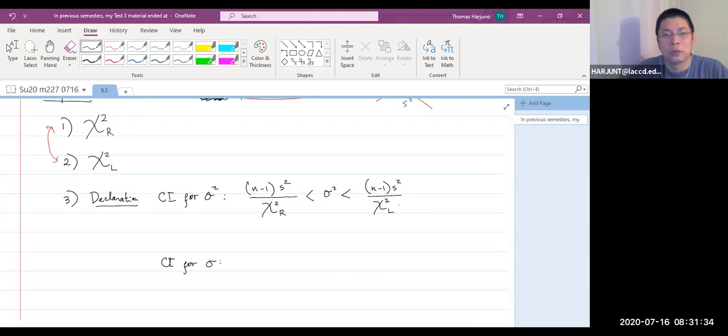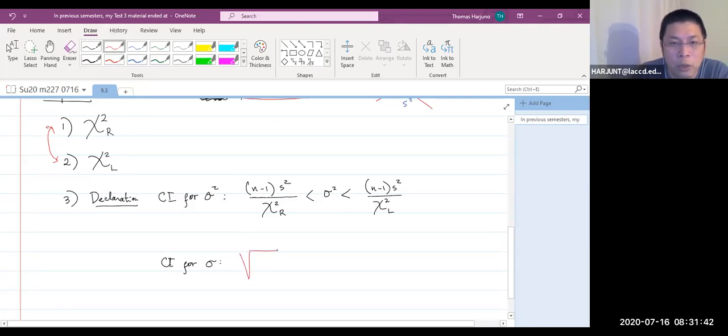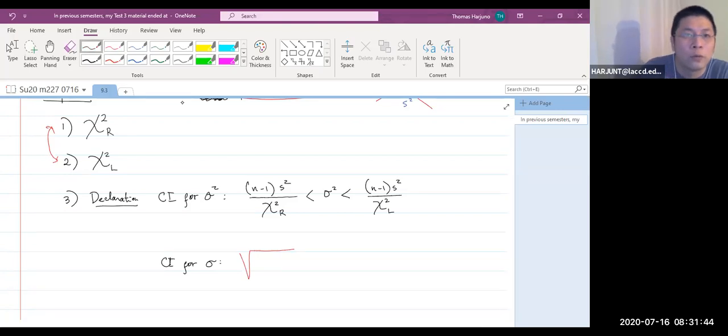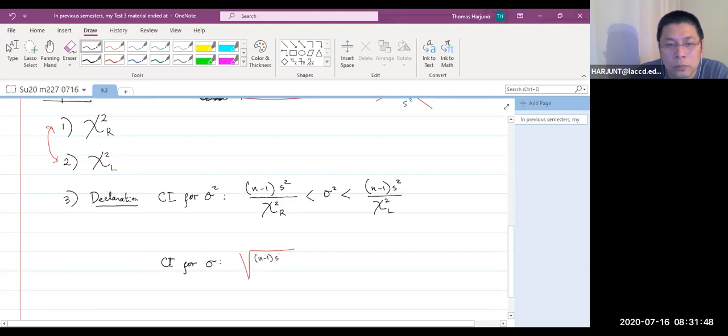Later on, for the confidence interval for population standard deviation, you apply square root to each one of those, because if you apply square root to sigma squared, you get sigma, which is the population standard deviation.